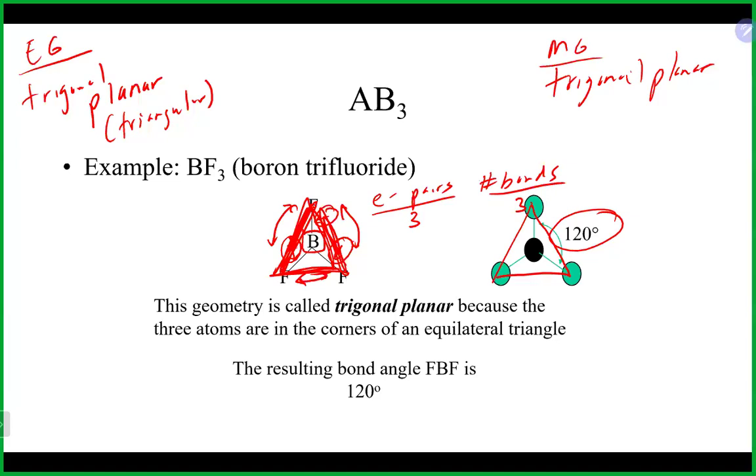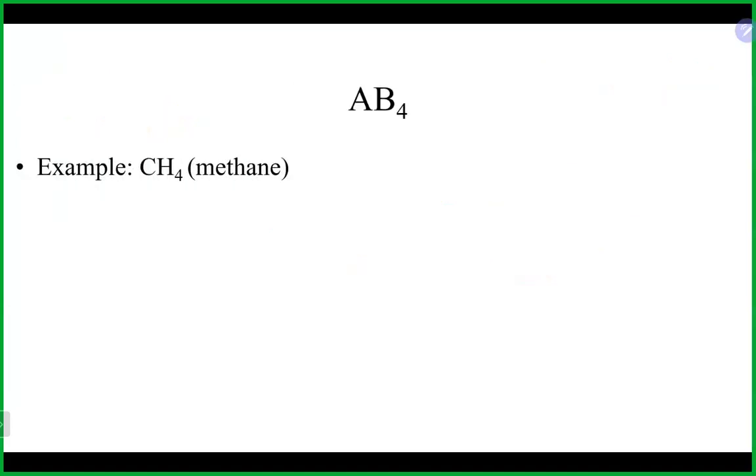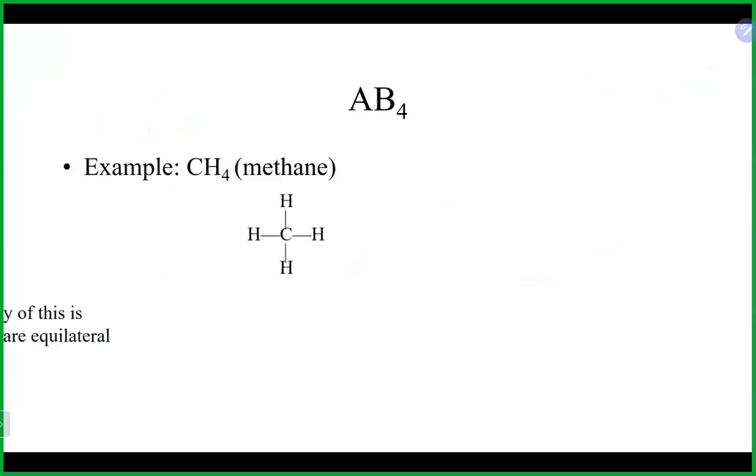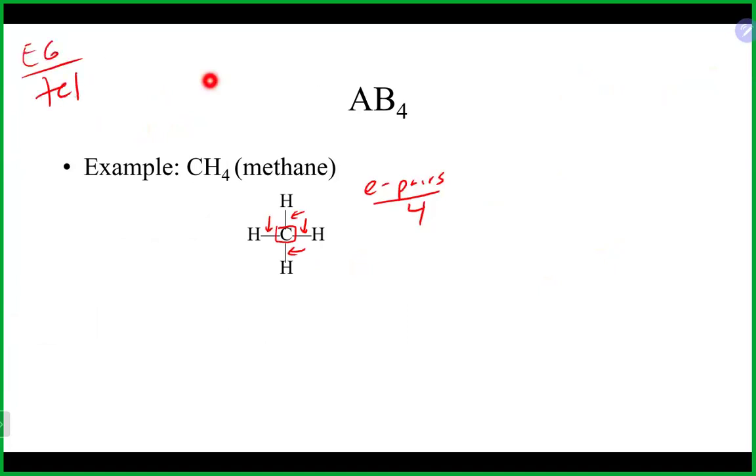The next example is something where we have 4 things attached, like here in methane. And when we look at the central atom, 1 electron pair, 2 electron pairs, 3 electron pairs, 4 electron pairs. Something with 4 electron pairs, the electron pair geometry name is known as tetrahedral.